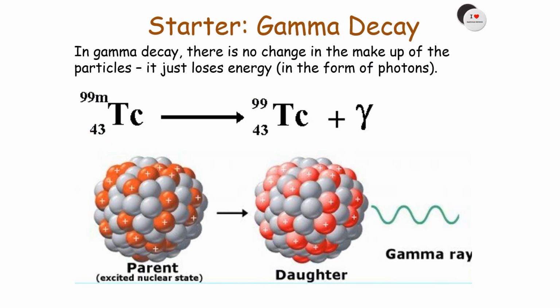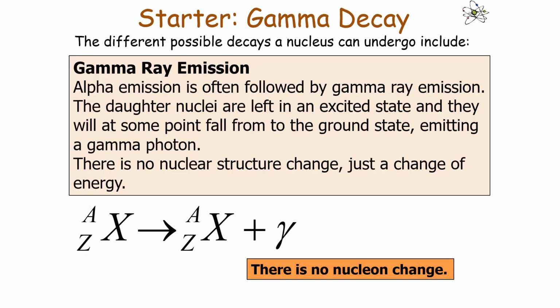Now, in gamma decay, there's no change in the makeup of the particles, they just lose energy in the form of photons. So alpha emission is often followed by gamma emission, and the daughter nuclei are left in an excited state from the alpha emission, and then at some point they fall from the excited state to the ground state, emitting a gamma photon.